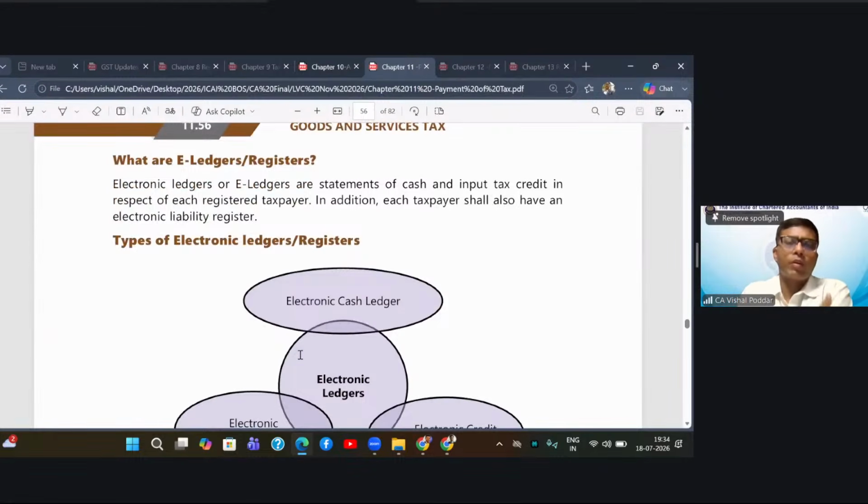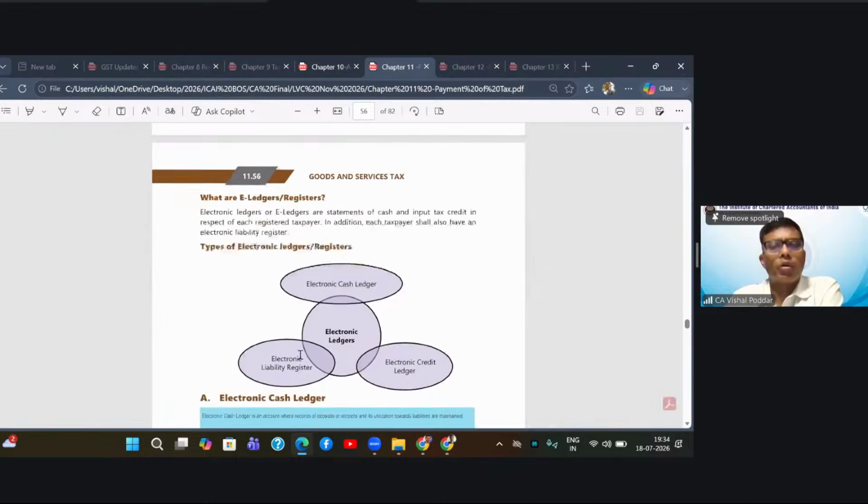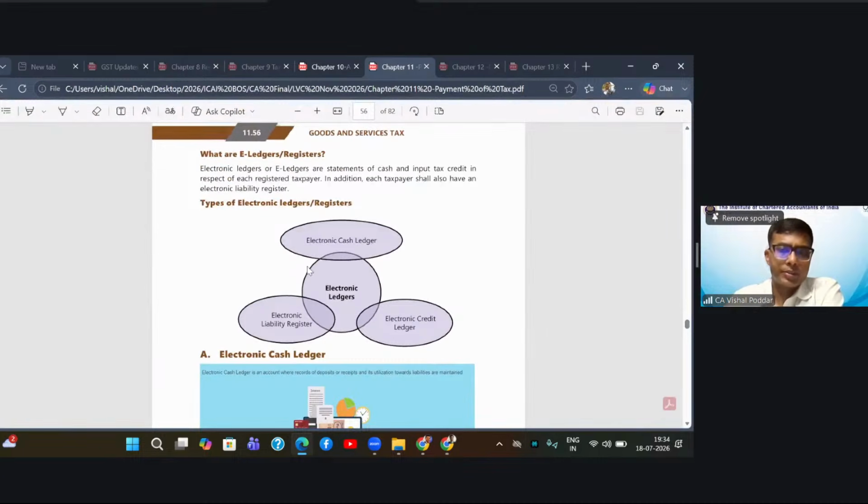Now, for doing this payment, you have to understand the different types of ledgers. Broadly, there are three electronic ledgers: cash ledger, liability ledger, and credit ledger. Through these three ledgers, your entire payment happens. Whatever your monthly output liability is, that is recorded in your liability ledger.